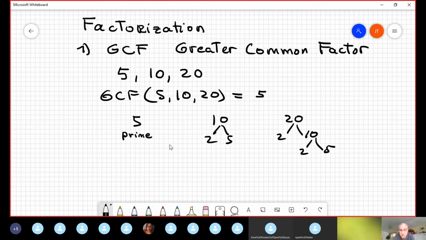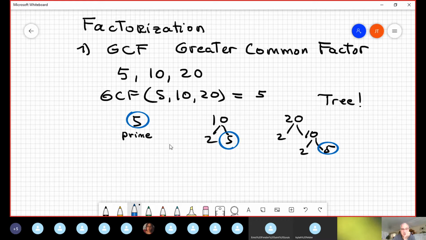Are you familiar with this typical format of factorization? This is the tree format. Yeah, you're familiar. Okay. Now I can see that 5 is common because it's the factor that these numbers share.